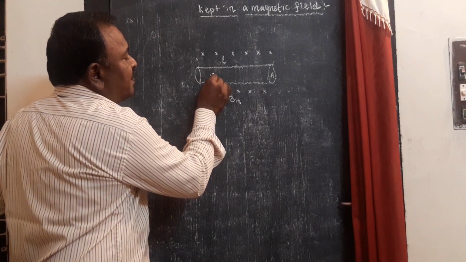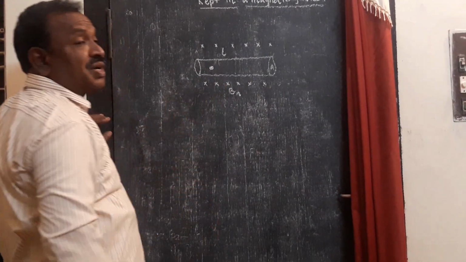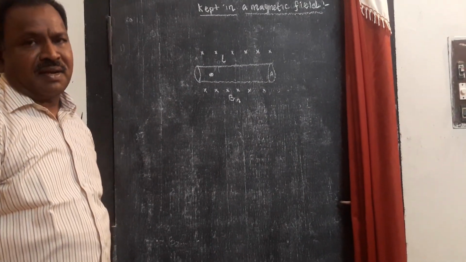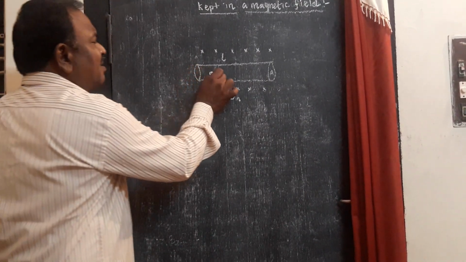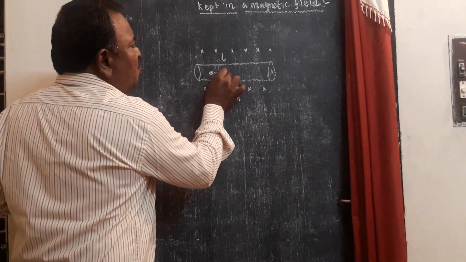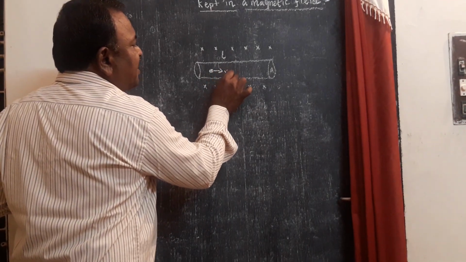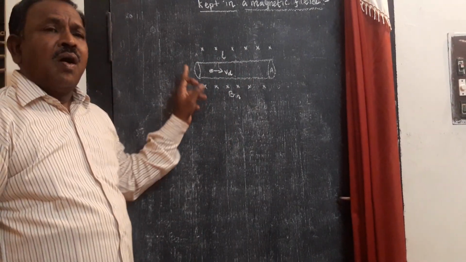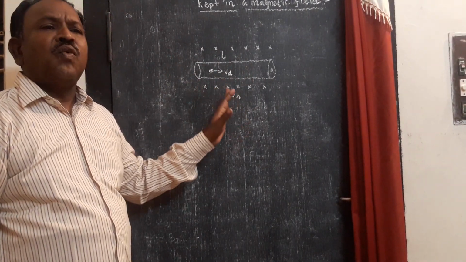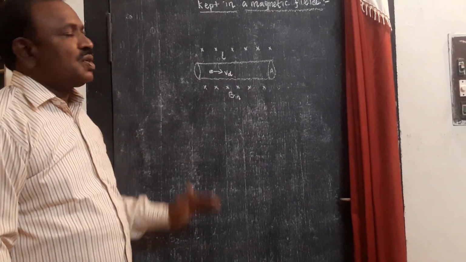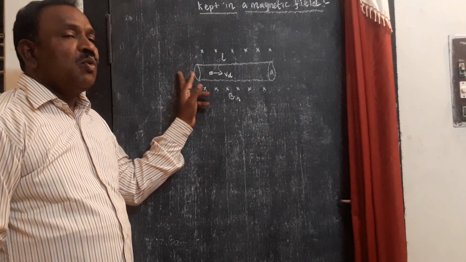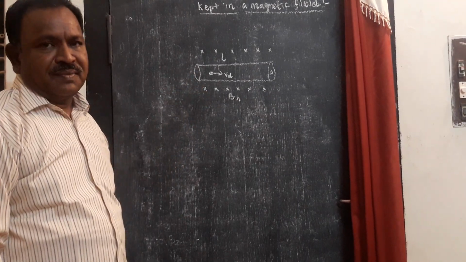So what are the charge carriers? They are the electrons present in the conductor. These electrons will move with a drift velocity Vd in a direction opposite to the flow of the current. If current flows in one direction, electrons will move in the opposite direction.